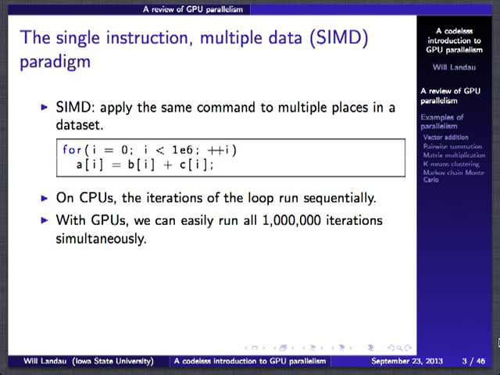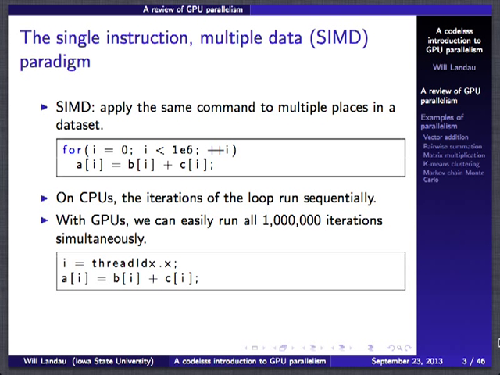So here we have one instance of our program running this whole loop. In GPU computing, we spawn a million separate instances of our program called threads. We take the ith thread, and we have that thread compute the ith element of A. So we run the program a million times, all at the same time, and have each instance be responsible for a single element of A, versus having a single program run through all the elements of B and C in sequence.